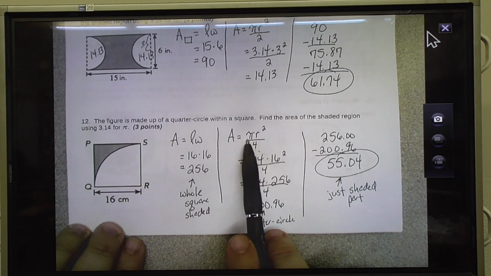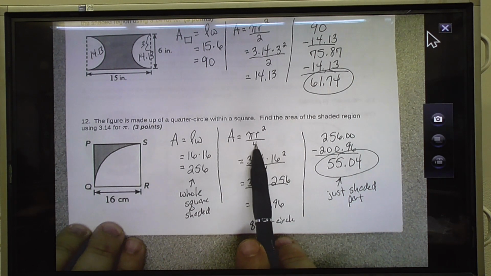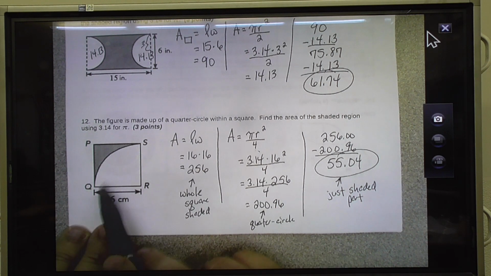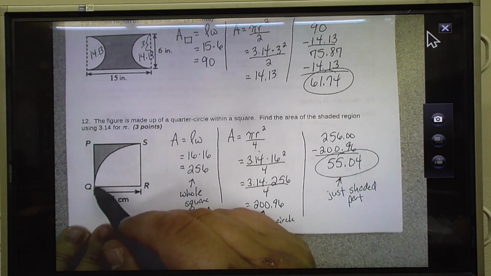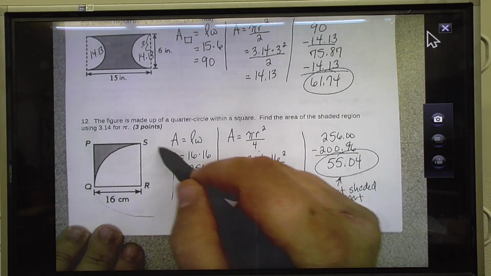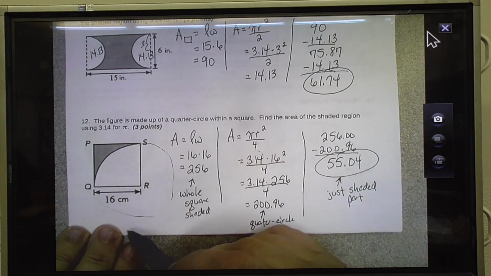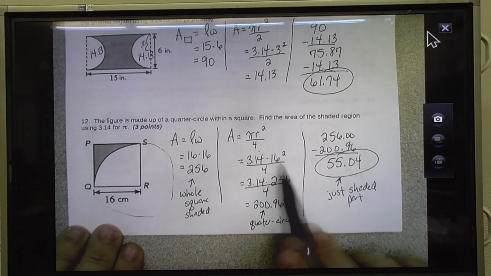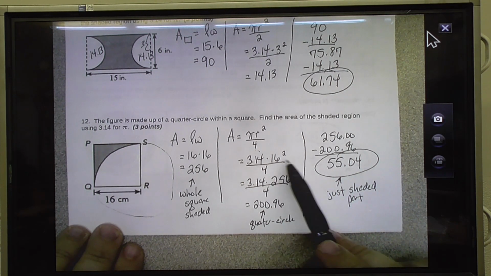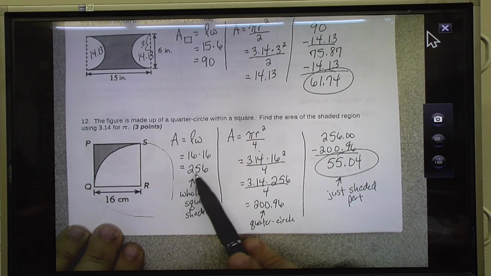So area is equal to pi r squared divided by 4. 3.14 for the pi. This is actually the radius, because it's a quarter circle, so that little line is automatically the radius. A whole circle would go all the way around like this. So I'll put 16 in. 16 squared is 16 times 16, which is 256.